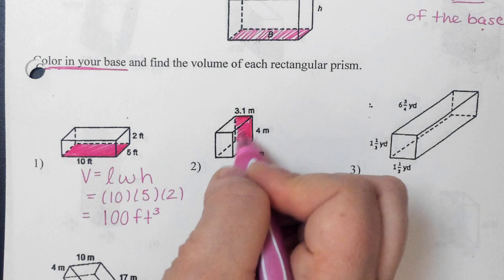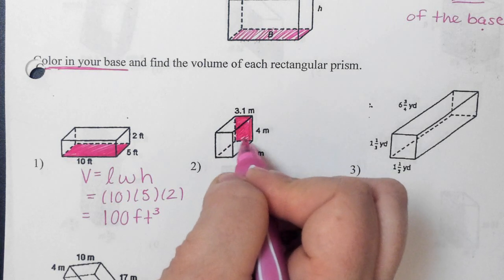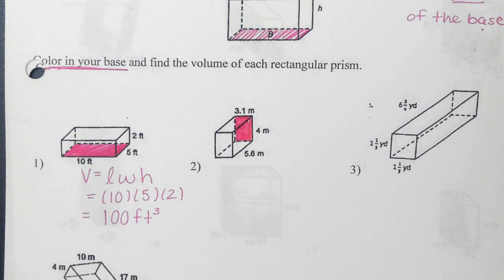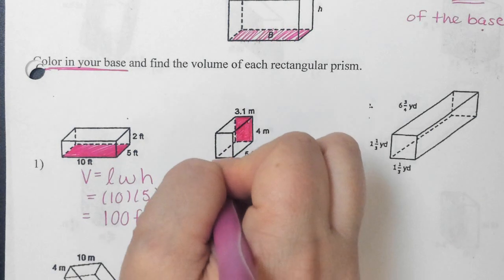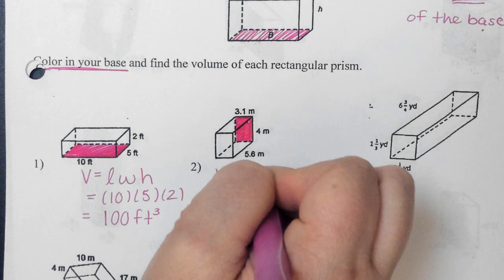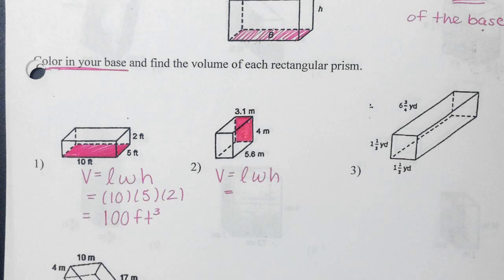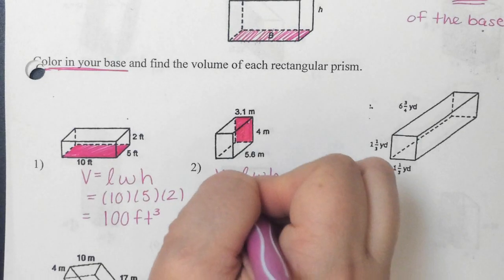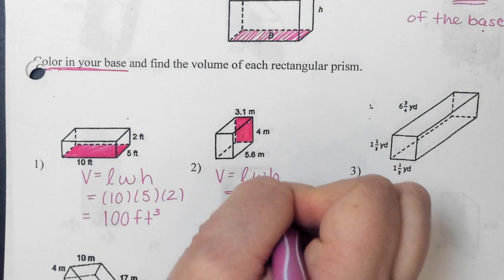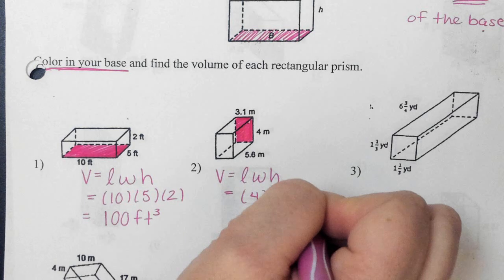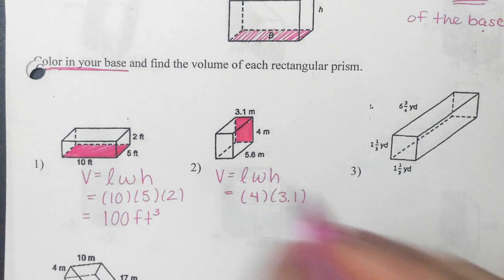And so now, Turner, what you just picked by doing that is going to be your base. Okay? So I'm going to put volume equals length times width times height. So since I picked that box, Turner, what do my length and width have to be? 4 and 3.1. Does it matter which order I put those 2 numbers in? No, as long as they're together. So then my height, Turner?